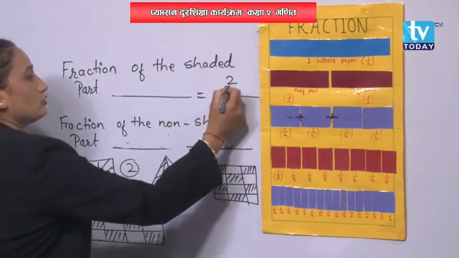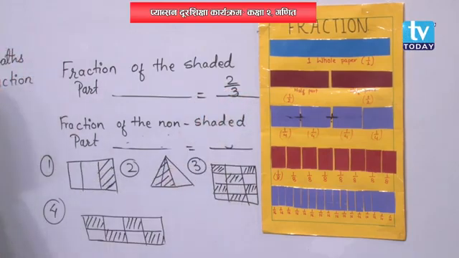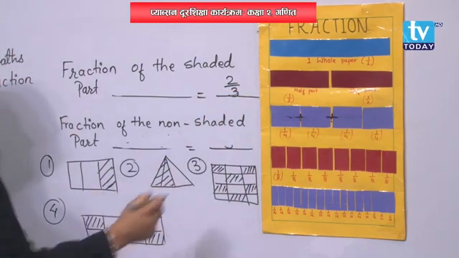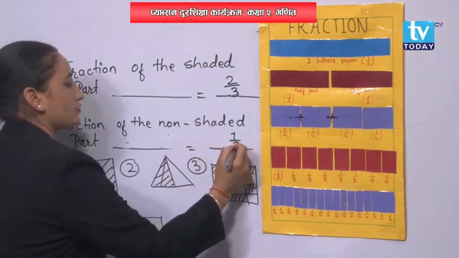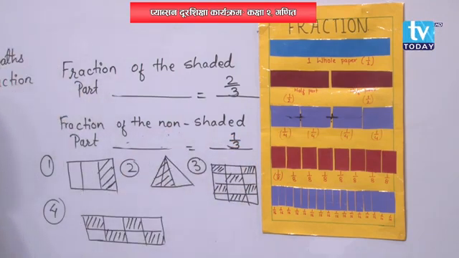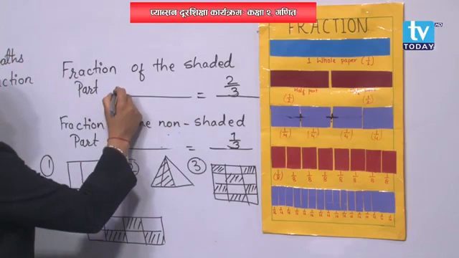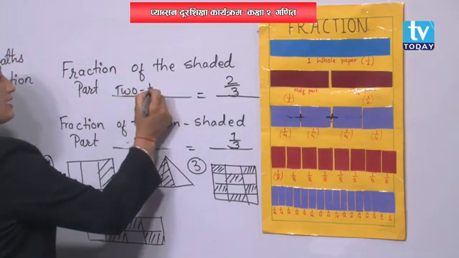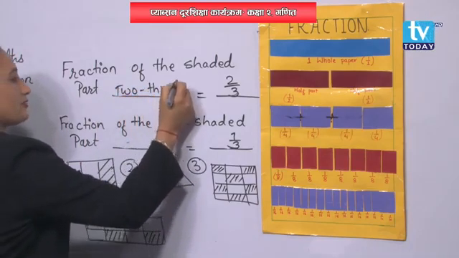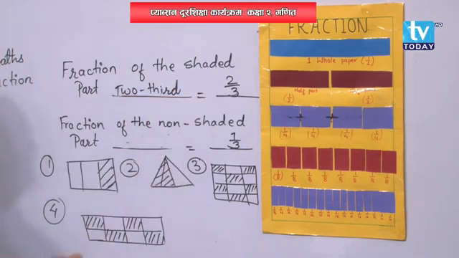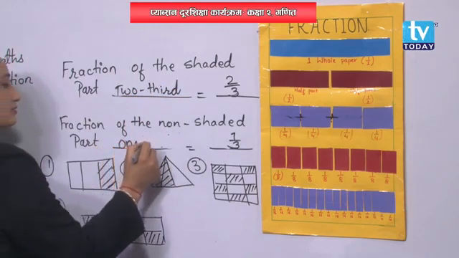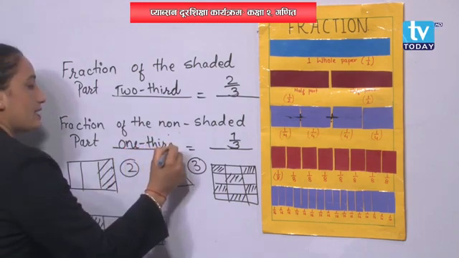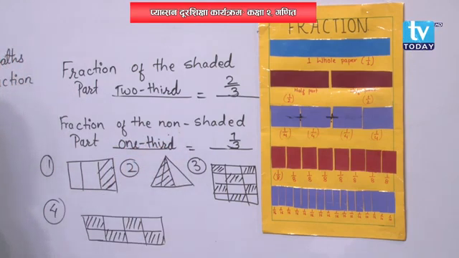So write down 2/3. How many parts are not shaded? One part is not shaded, so write down 1/3. How to write in words? 2/3 is shaded on the triangle and 1/3 is not shaded. Can you write it this way?